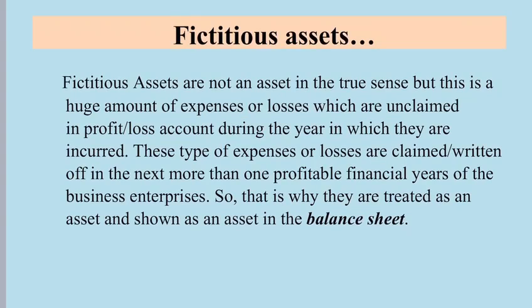So fictitious assets are shown on the asset side of the balance sheet because they have the capacity to generate revenue for future years. They are used for the long term, not for the short term. So they have the nature of assets but they are not truly an asset, right.